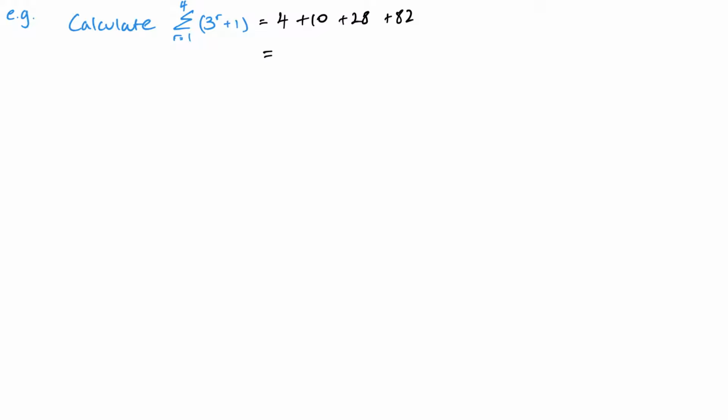All I want to do is add these values together, and I get 124. This particular one wasn't an arithmetic or a geometric series, but it's a nice example to show you that if you've got a small number of terms, it's much quicker to work out each term.